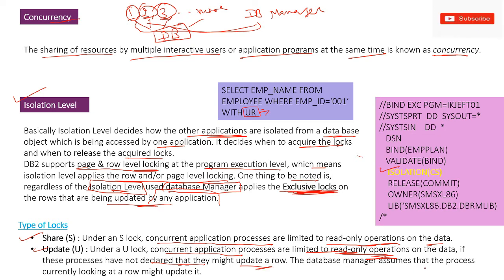The database manager assumes that the process currently looking at a row might update it. It means that if there is an update option during the table access, it will apply that update lock.